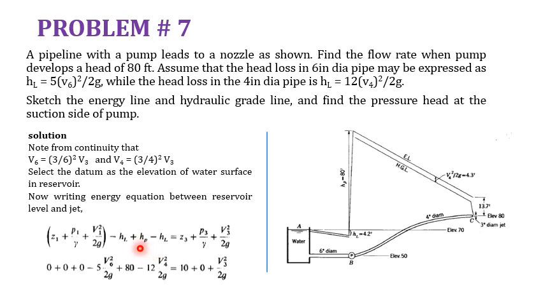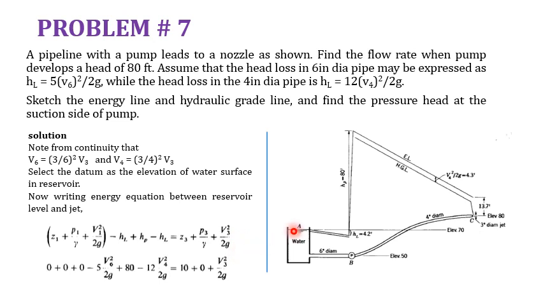So it is going to be added to the system. So it is plus HP minus HL, the head loss in the 4 inches pipe. So this is equal to all the energy head for point C, for which we are using subscript 3. So Z3 plus P3 over gamma plus V3 square over 2g.